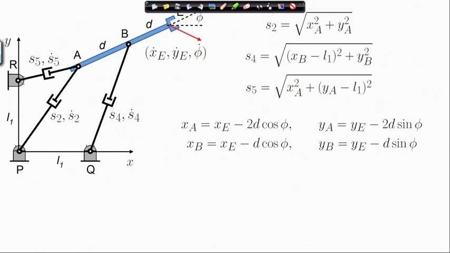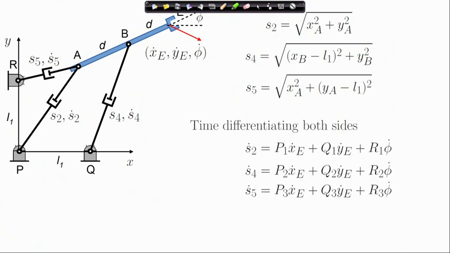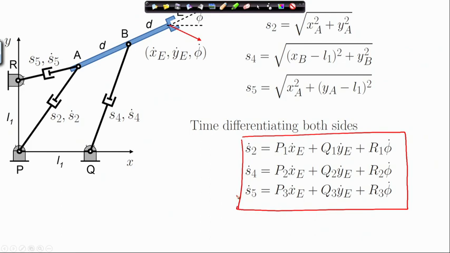Now, if you continue, so this is the time derivative. If you substitute all these expressions, then finally you obtain these relations between S 2 dot, S 4 dot, S 5 dot and x e dot, y e dot and phi dot.